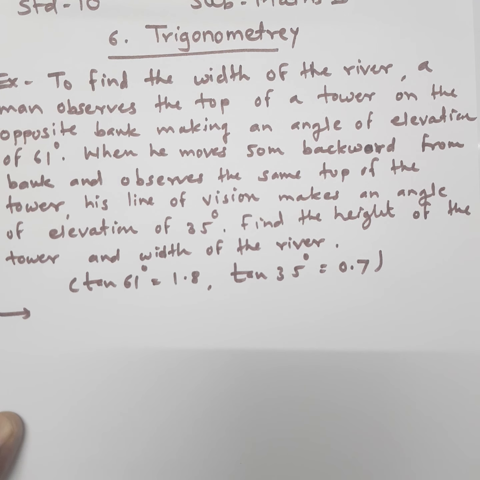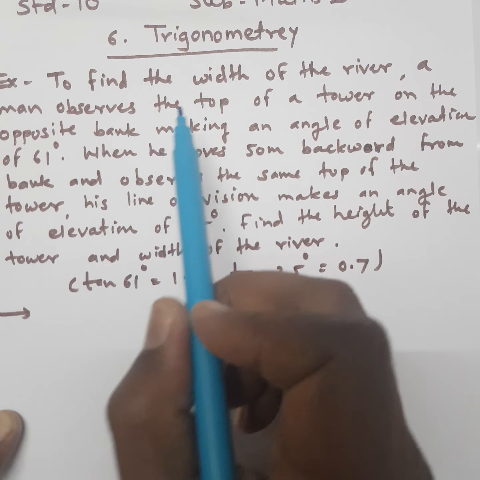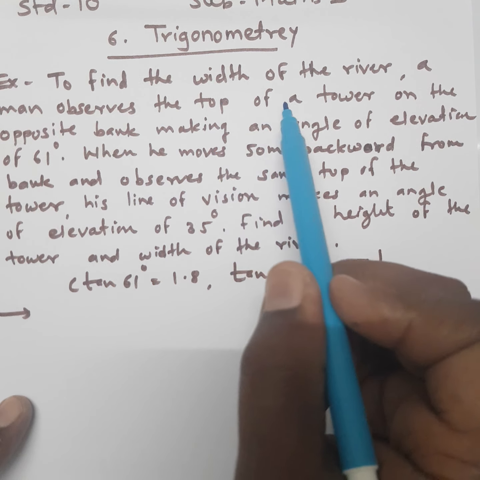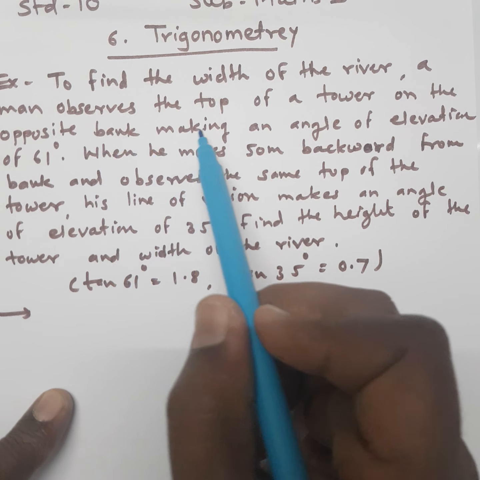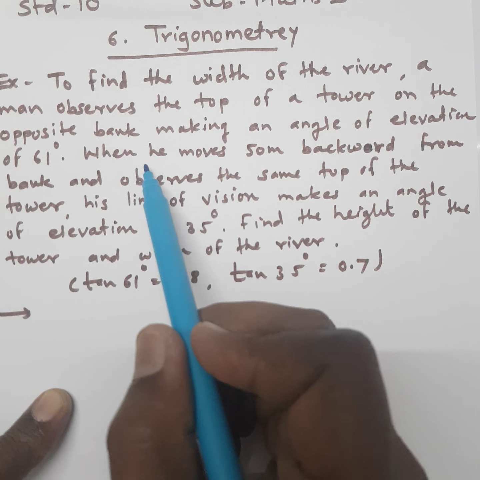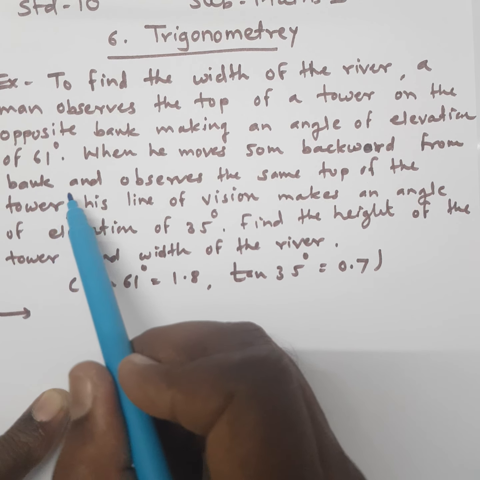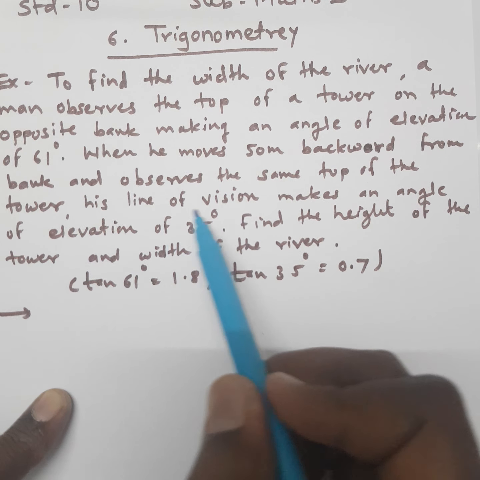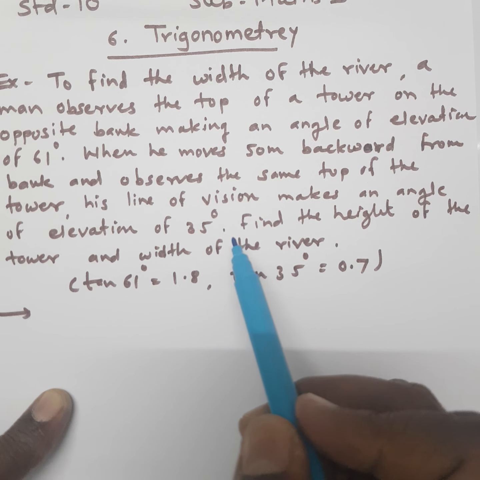See example three from page number 134. To find the width of the river, a man observed the top of the tower on the opposite bank making an angle of elevation 61 degree. When he moves 50 meter backward from the bank and observes the same top of the tower, his line of vision makes an angle of elevation of 35 degree.